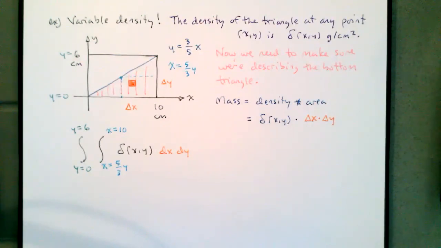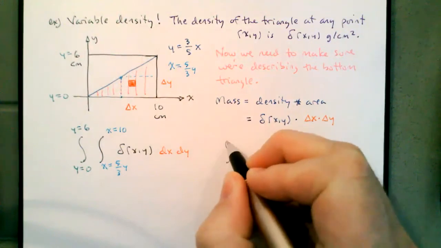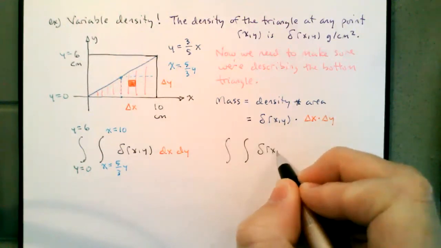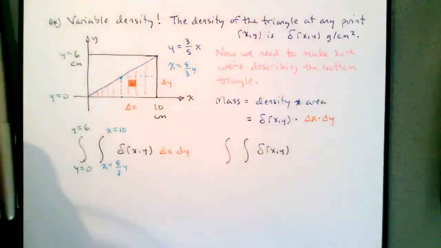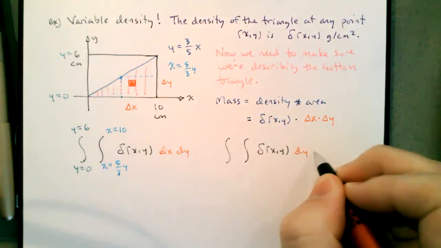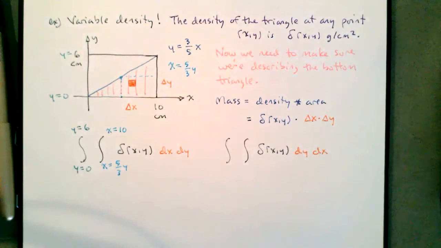This one we set up a dx and a dy. But like I said, we should also be able to do this, set up integrating the density in a dy dx direction. That is, I want the x's to go last.